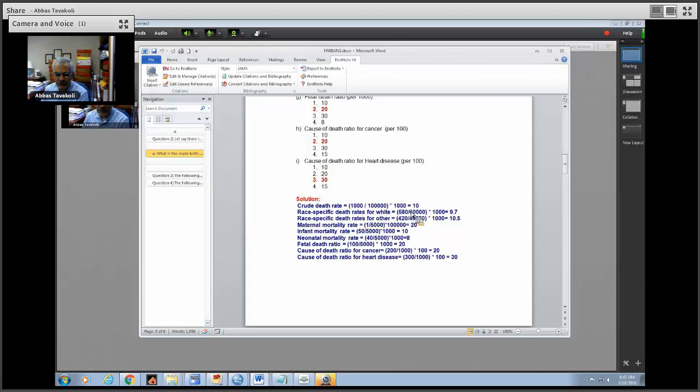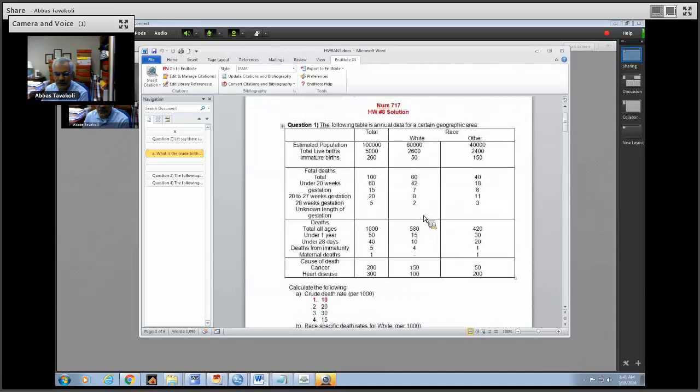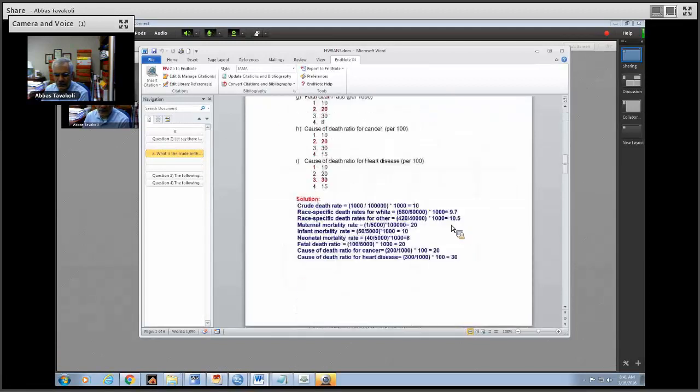We have 580 white deaths, and the total population for white was 60,000. So 9.7 was the correct answer. Again, here is the total population for white and other, and these are the total deaths for the whole sample, and then 584.20. So basically that's what I did for white and other.